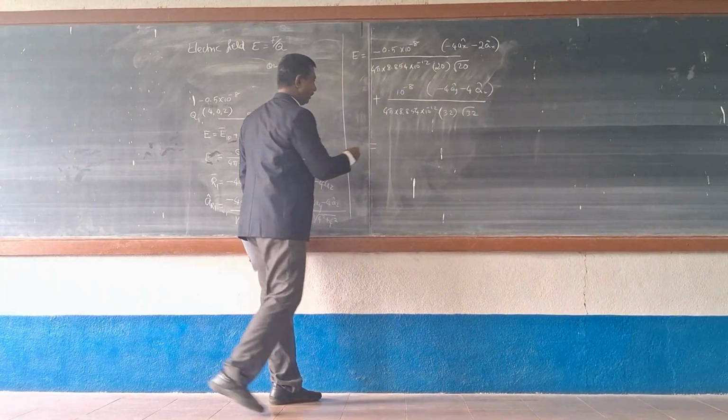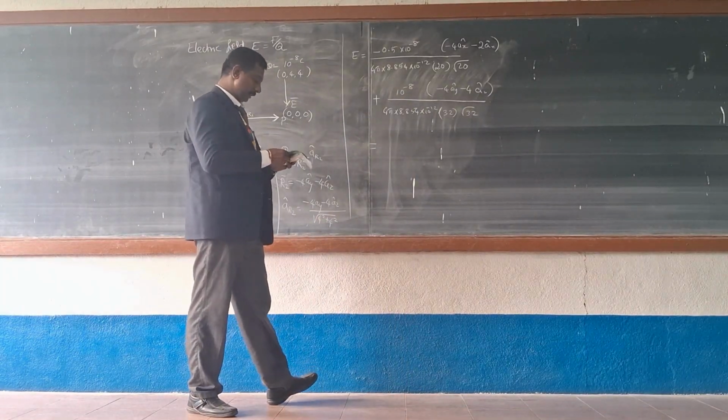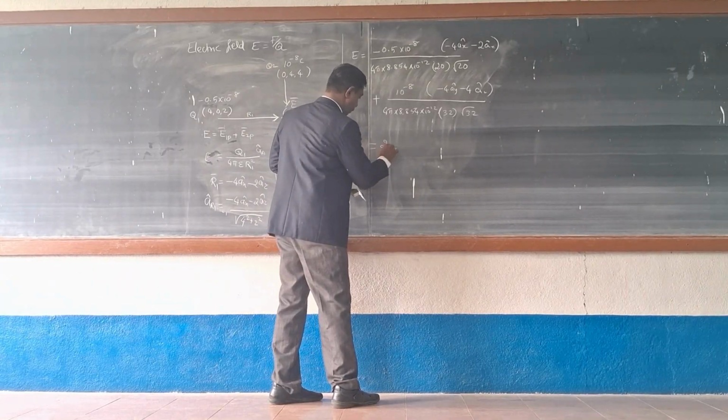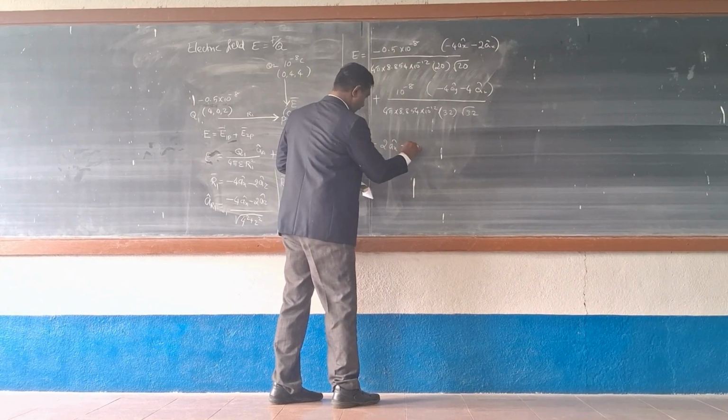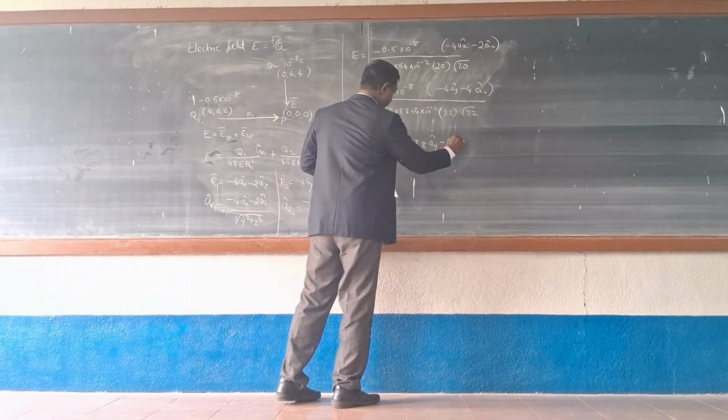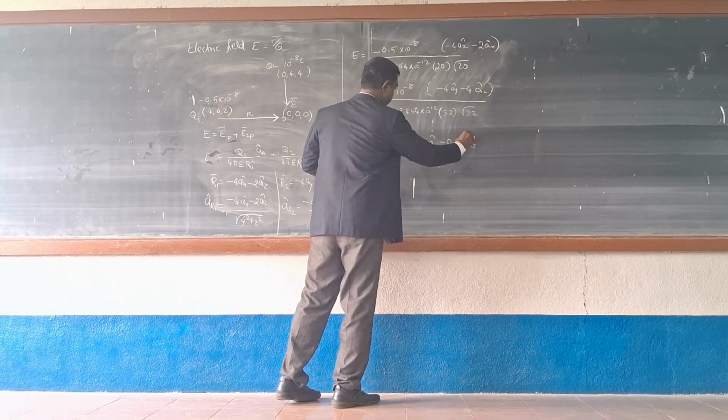If we solve all this, we will get the final result: E vector is equal to 2AX minus 1.98 AY minus 0.98 AZ.